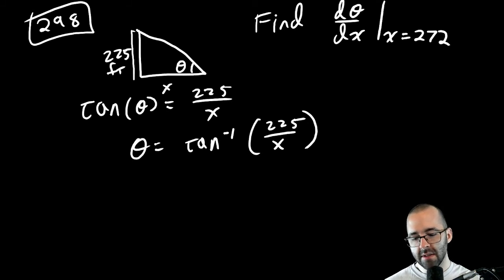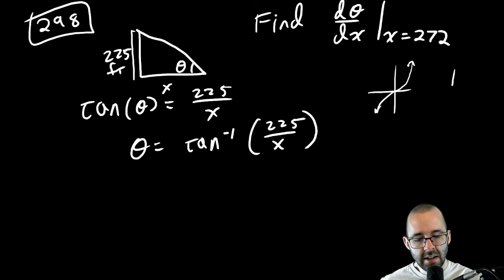Now, for sine and cosine, you really have to worry about restricting your domains. But here, inverse tangent's actually a pretty nice function. Because tangent looks like this. Inverse tangent is what happens when you flip it on its side. Inverse tangent actually has a domain of all real numbers.